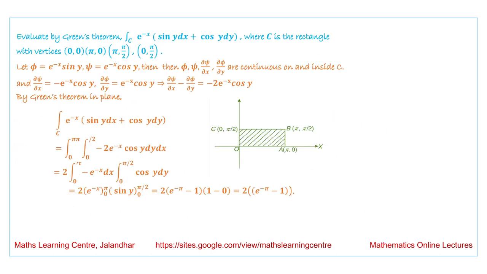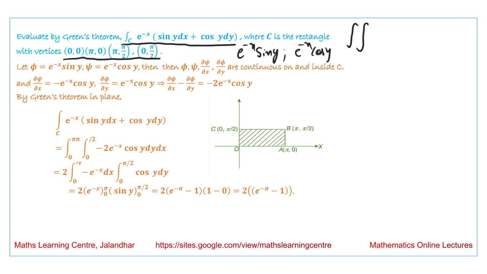Next is evaluate by Green's theorem. This integral we have to evaluate, where C is the rectangle with the vertices this. So again, if we apply the Green's theorem over here, we are saying it is double integral. The terms we have, it is e raised to the power minus x sin y and e raised to the power minus x cos y.